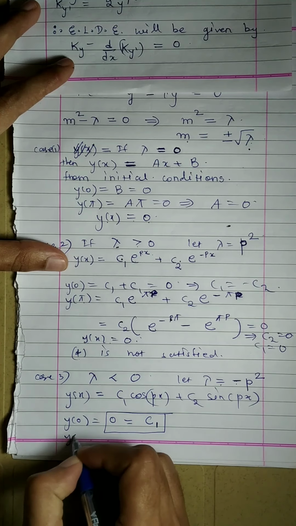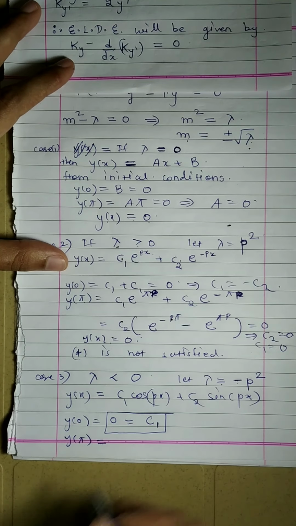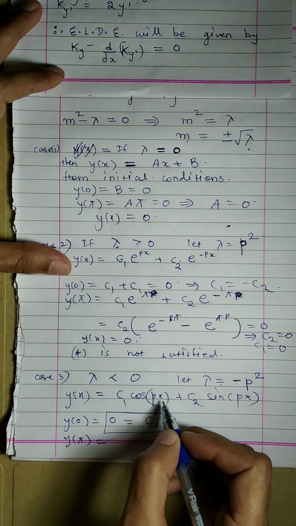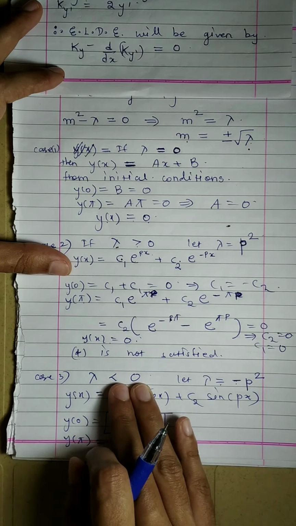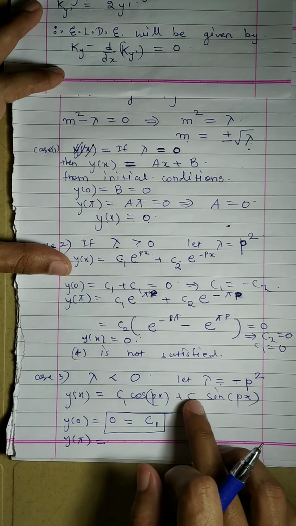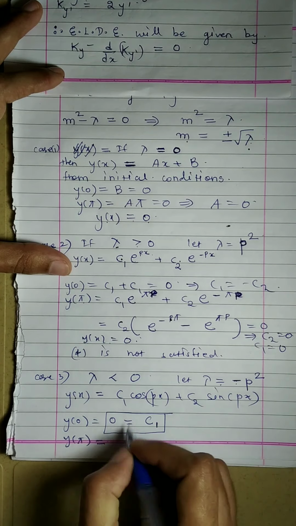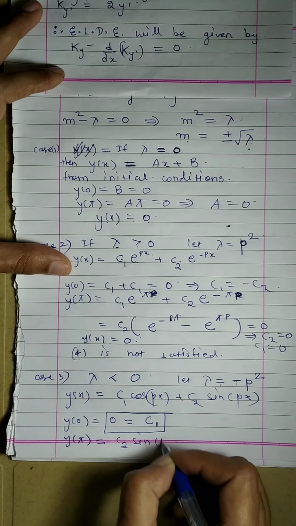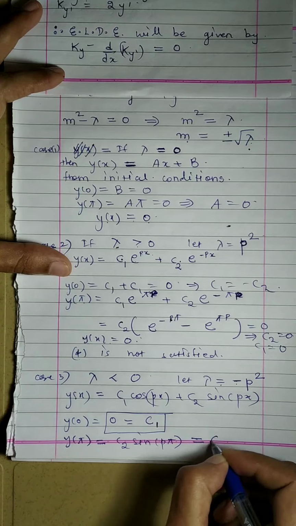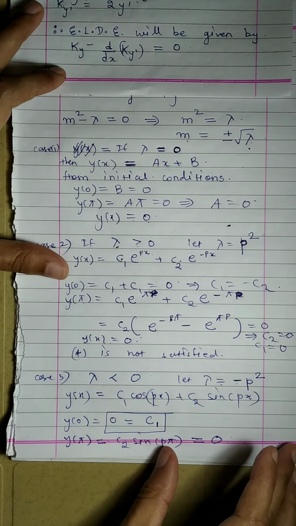Okay, and y at pi will be equal to, c1 is equal to 0, so this term will go and only this one will remain, and c2 into sine of p pi, c2 sine of p pi is equal to 0.